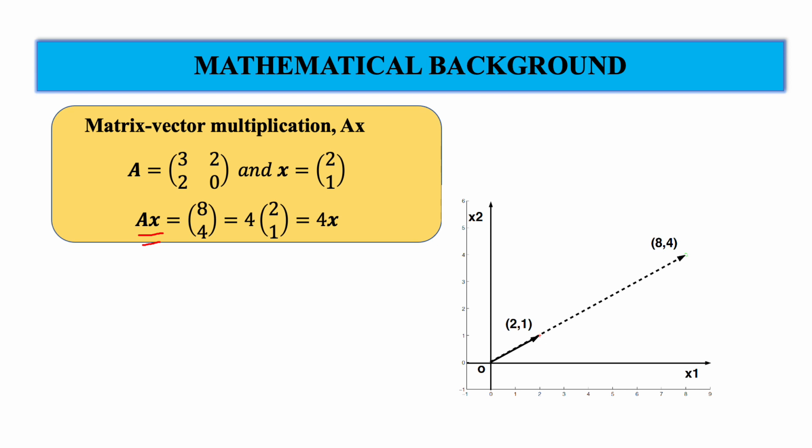So what we have seen is that instead of the usual rotation of a vector, the new vector is along the same direction as the original vector. The only thing is that it got expanded or stretched. It may also happen sometimes that you get a vector in exactly the opposite direction, like minus 2 1. That is also possible.